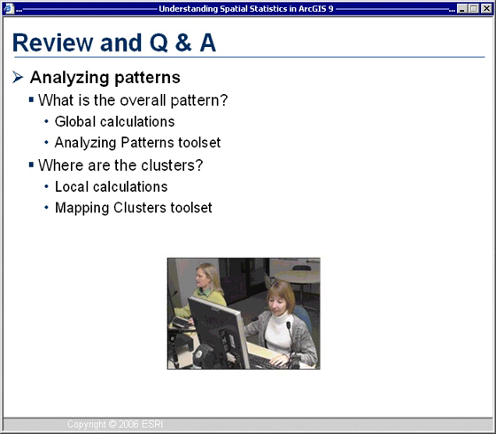And a z-score is a reference value that's associated with a standard normal distribution. So a very, very high or a very, very low z-score would be found in the tails of the normal distribution. So for these pattern analysis tools, when you get a very high or a very low z-score, what you're finding is that you have a pattern that deviates significantly from a hypothetical random pattern.